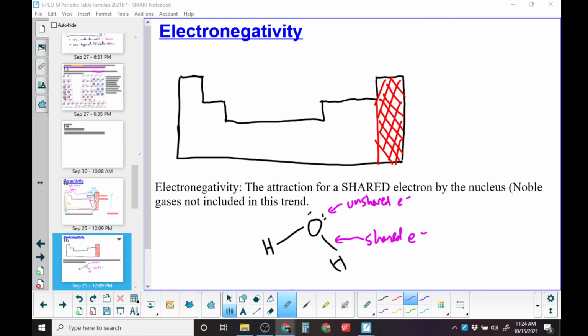Where's the most electronegative element? Stop, everybody.